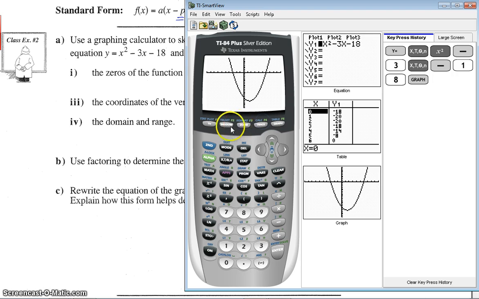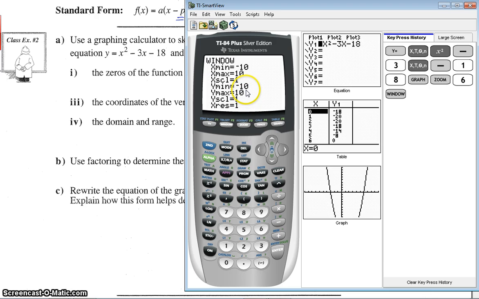Oh, okay. You know what? I had already adjusted. But if you were in Zoom Standard, which is probably what you were in, then you would have gotten this graph. Now you'll notice we can't see the bottom of the graph. So we're going to go to Window, and change our y min to something smaller so that we can actually see the bottom of the graph.